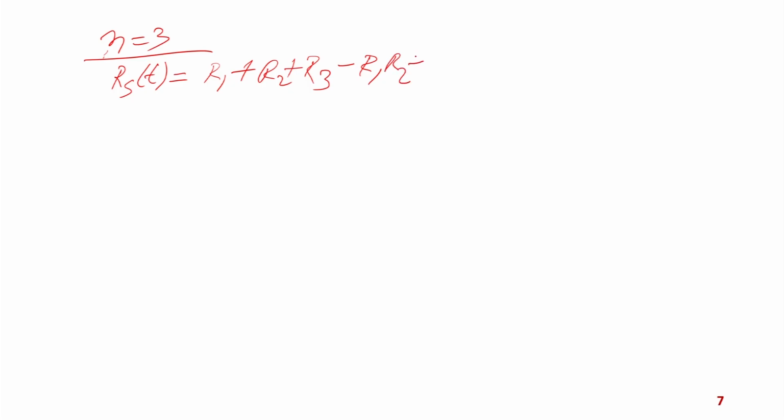So, you have seen that for n equal to 3, I have R s(t) equal to R 1 plus R 2 plus R 3 minus R 1 into R 2, then R 2 into R 3, then R 1 into R 3, then plus R 1 into R 2 into R 3. Okay. So, this is the thing we have written.